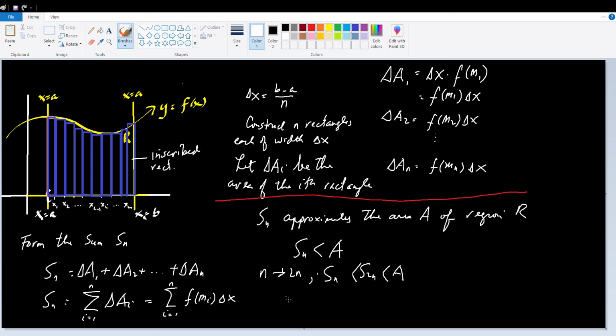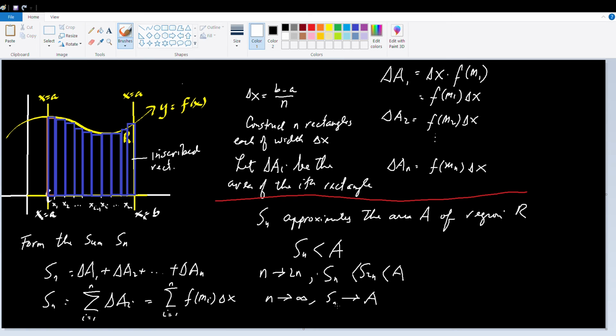If we continue increasing n, as we keep on increasing the number of subintervals, say it tends to infinity, our Sn will get closer and closer to the area of region R. Hence, we say that the limiting value of S sub n, the sum of the areas of the n rectangles as n increases without bound, approaches A as a limit.